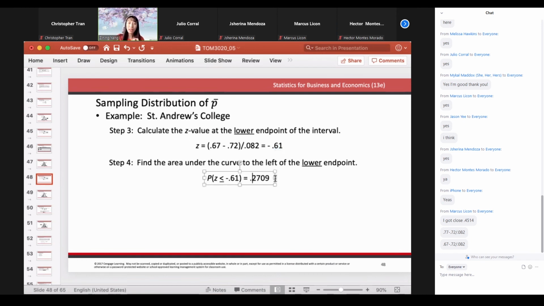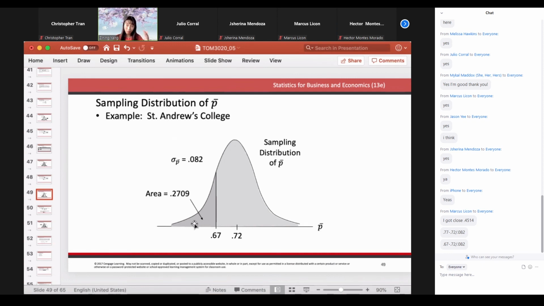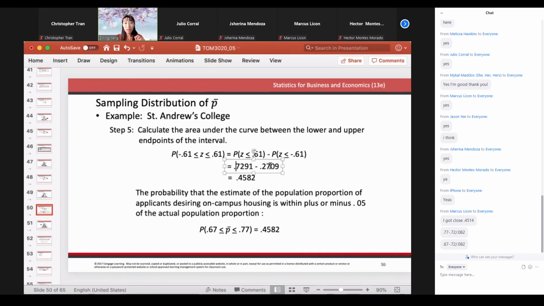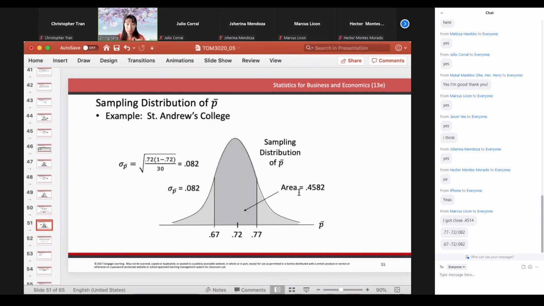So that gets us to the area of 0.2709, right? That's the area to the left of the small value. Then just as we did for the earlier exercise, we use the larger area to subtract the small area. And we get the middle area of 0.4582.